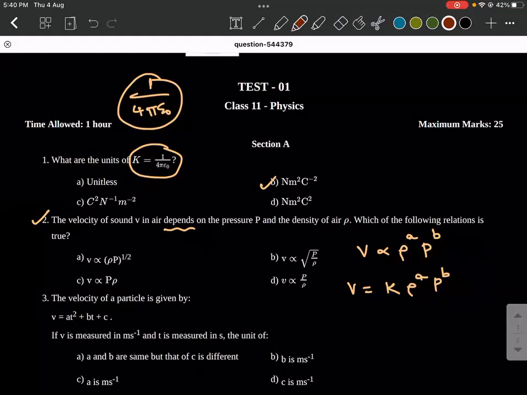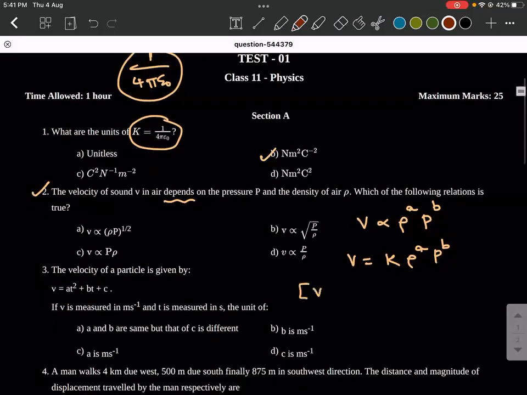It is a dimensionless constant, means it does not have any dimensions or units associated with it. Okay. Then for the equation to be dimensionally consistent, what should happen on both the sides? Exponents are supposed to be same.